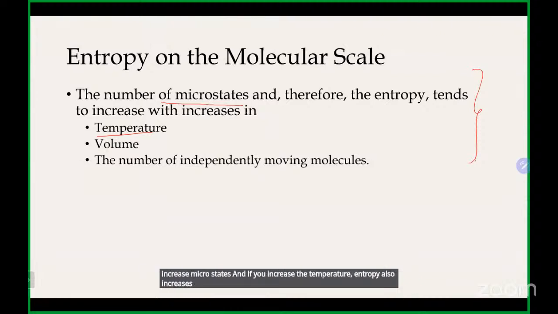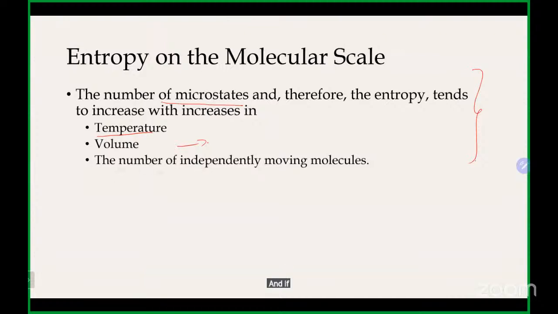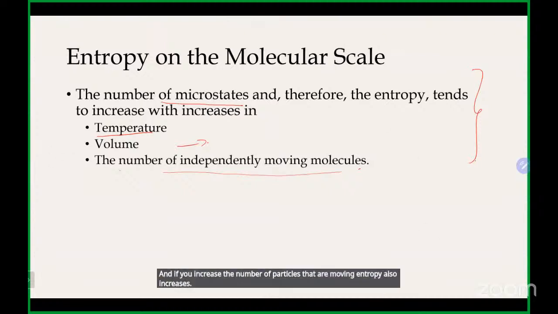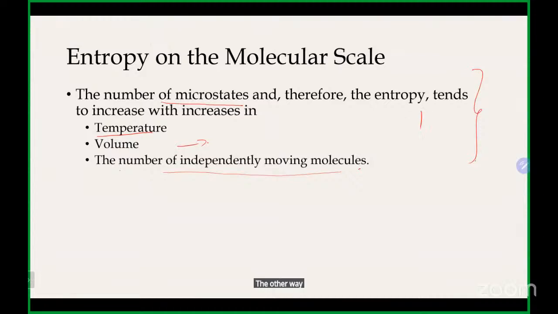If you increase the volume of the system, you give the particles more room to move. It increases randomness, so entropy increases. And if you increase the number of particles that are moving, entropy also increases. The other way, it will decrease with all these conditions as well.